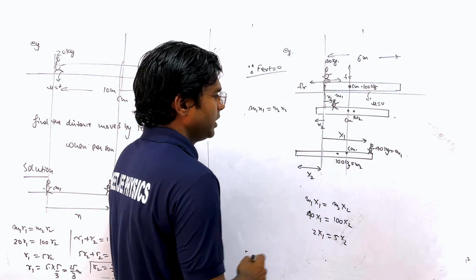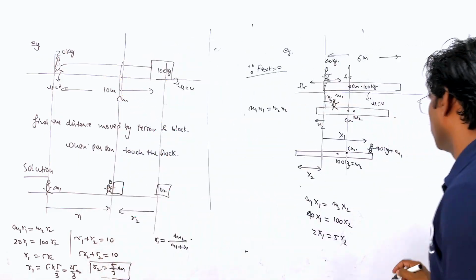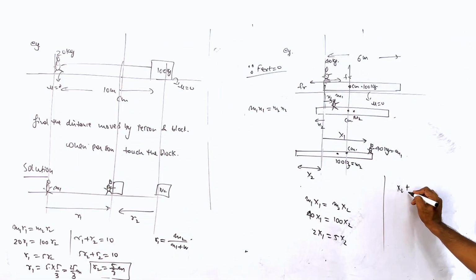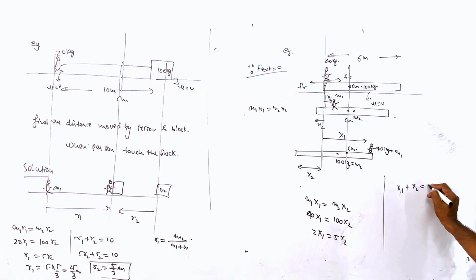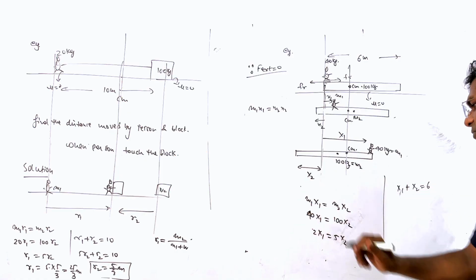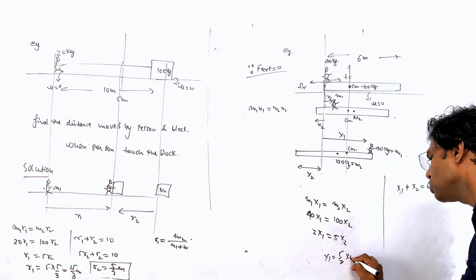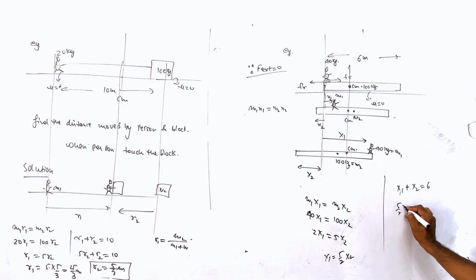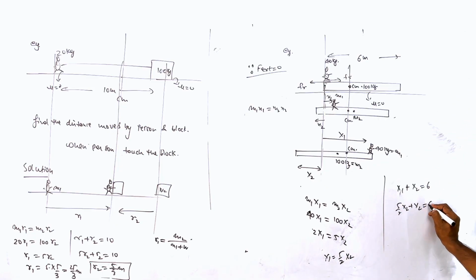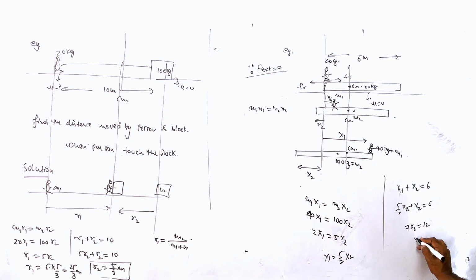And what is x1 plus x2? 6 meters. x1 plus x2 is equal to 6 meter. We have to find x2. From here x1 is 5 by 2 x2, so 5 by 2 x2 plus x2 is equal to 6. So 7 x2 is equal to 12. So x2 is equal to what? 12 upon 7 meter.